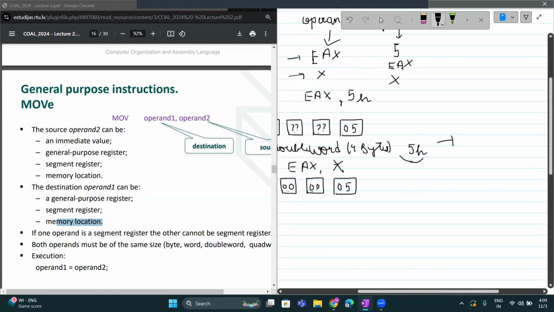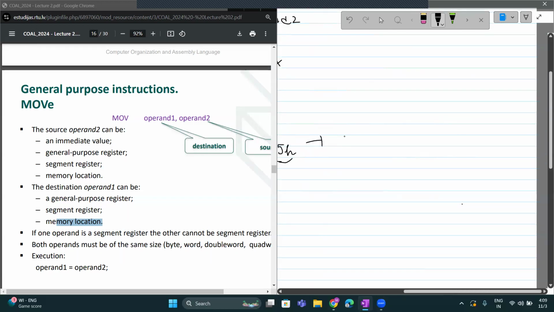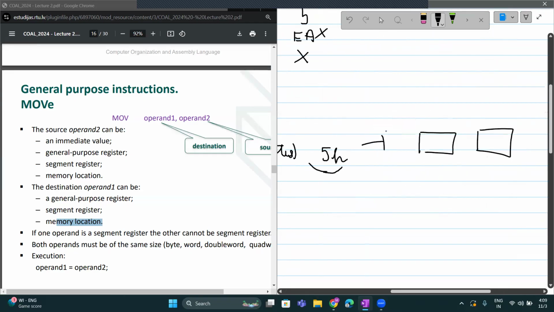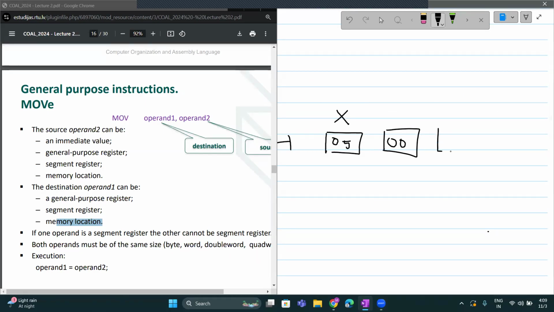When we declare it in a double word format, this declaration is always in memory. So what will it become? This is x, so at address x: 05, 00, 00, 00, just like the last lecture.